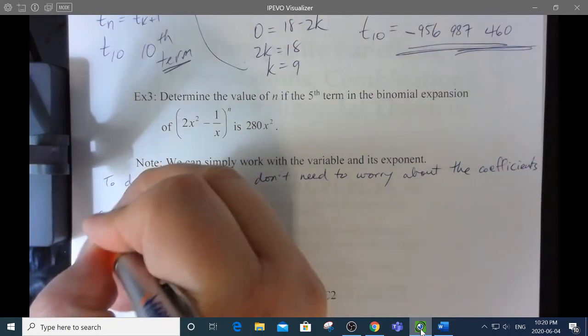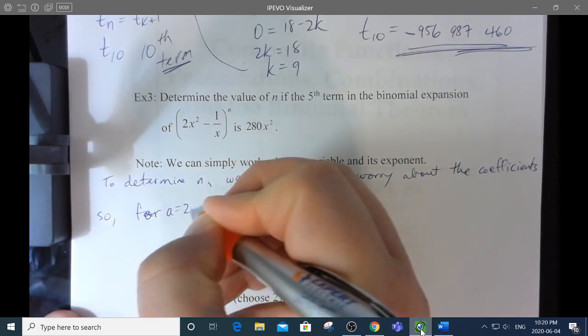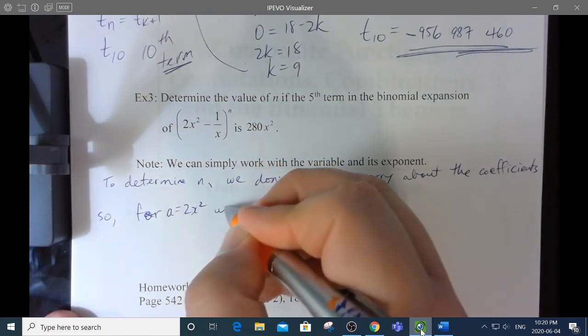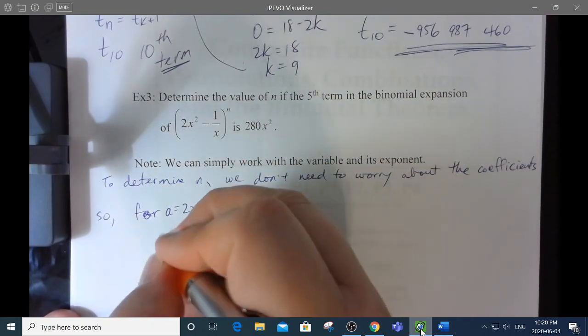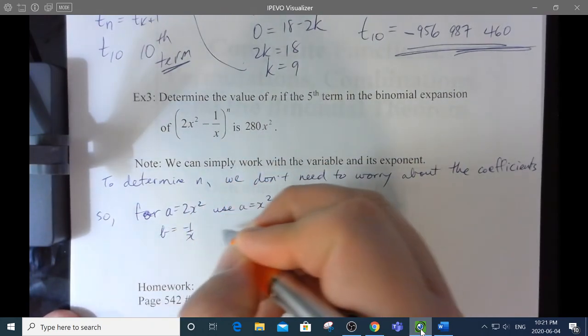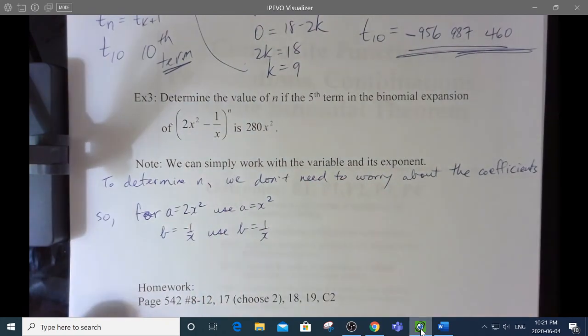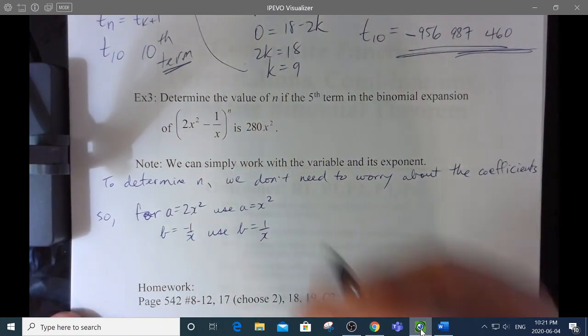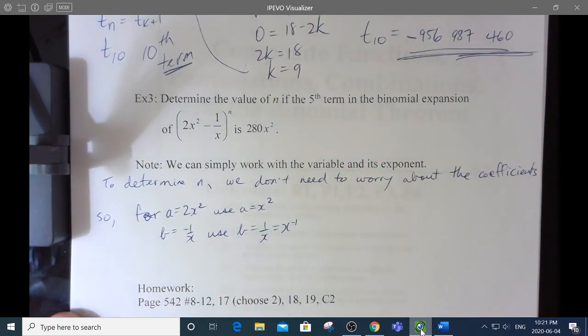So for a equals 2x squared, I just use a equals x squared. And for the b, which is negative 1 over x, I just use b is equal to 1 over x. I don't have to worry about that negative. But I do have to worry about making this a power, and that is a negative power.